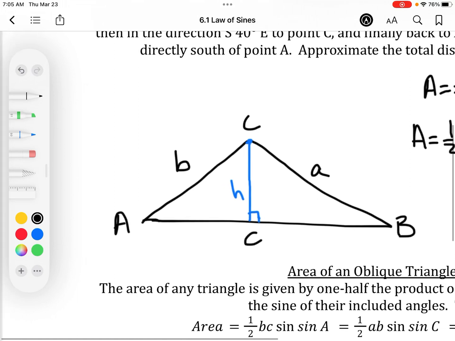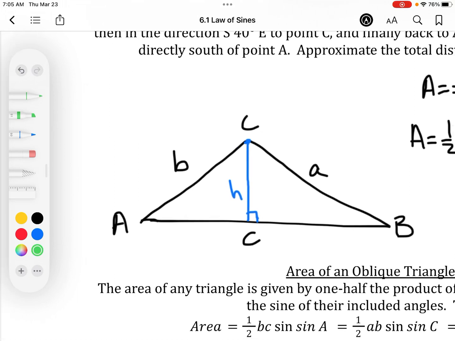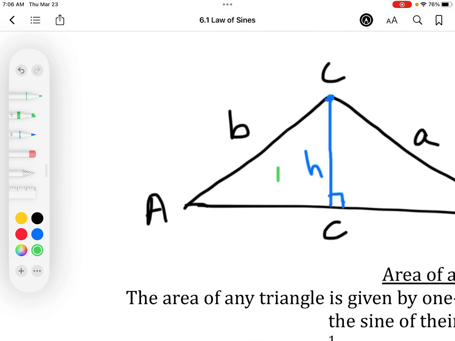So if I look at H, I can describe it the same way I did before. Before I said this is a right triangle.